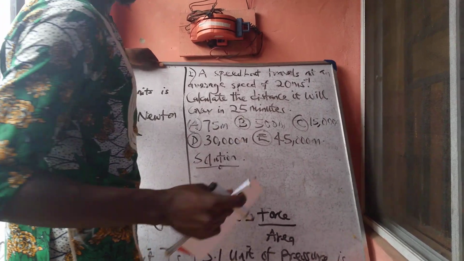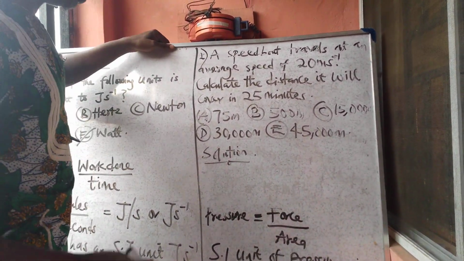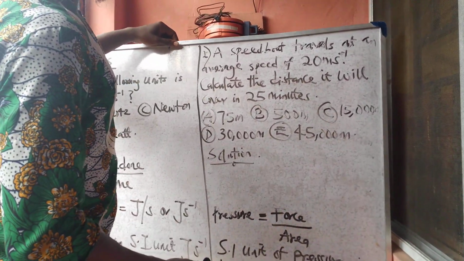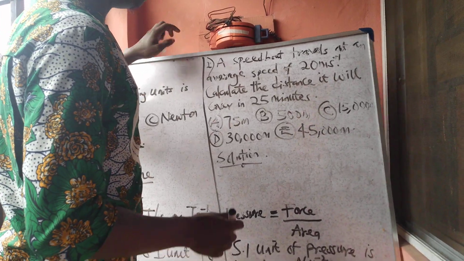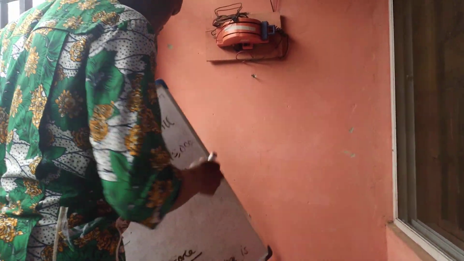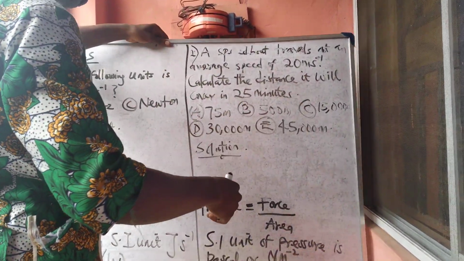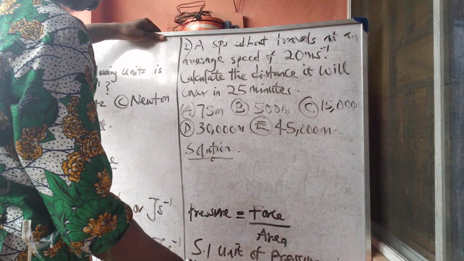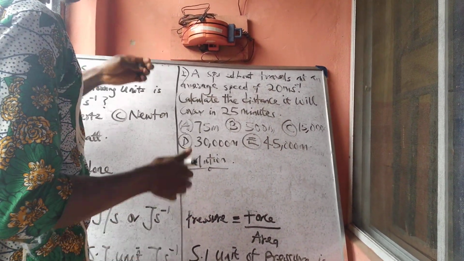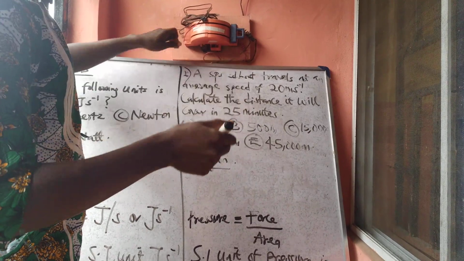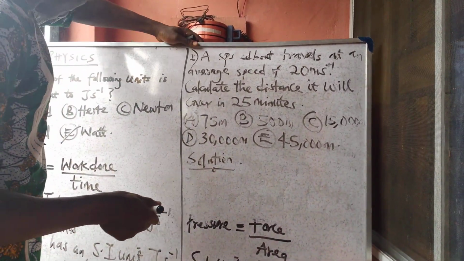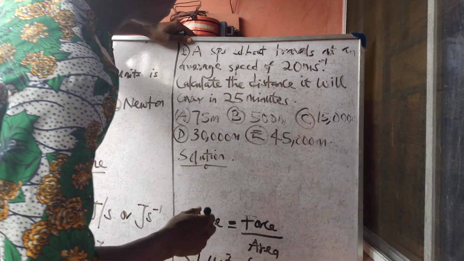Okay, let's look at this question. The speedboat travels at an average speed of 20 meters per second. Okay, let's solve that.